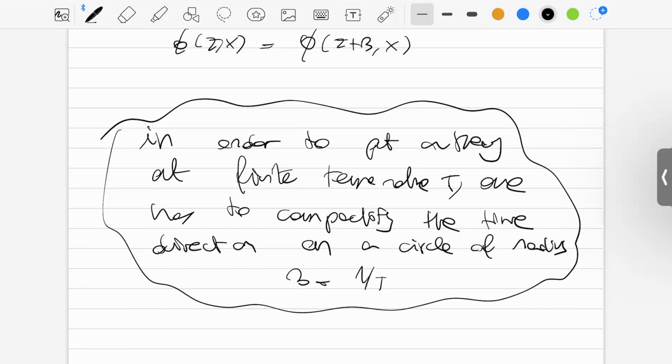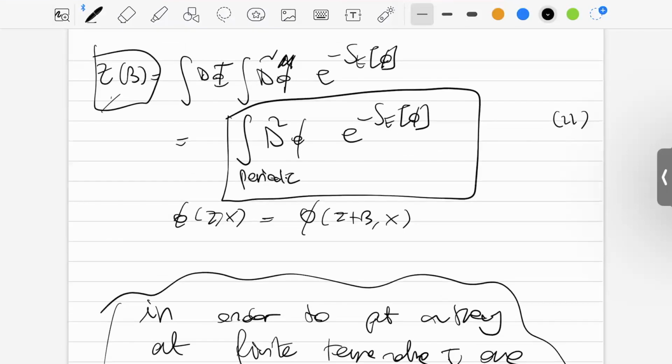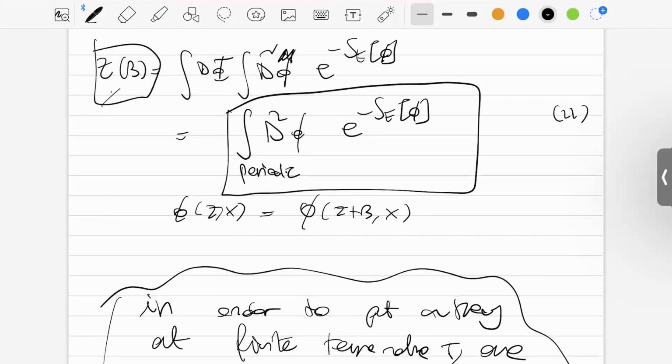I want to put a periodic time, and then from there compute the temperature. So this will allow us to compute the temperature of some of these systems, for a black hole. The first thing to do will be to compute the partition function of that.